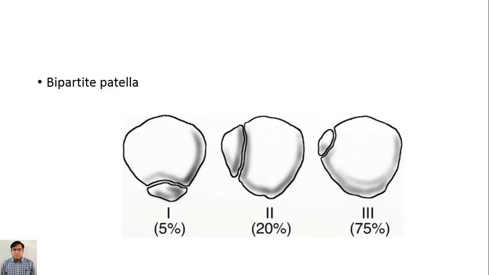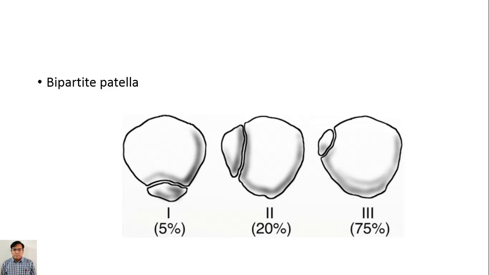If the ossification center for the lower pole fails to fuse, then it will lead to lower pole bipartite patella. It can be lateral bipartite patella or supralateral bipartite patella.